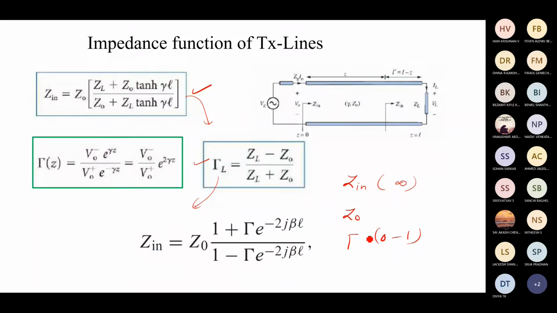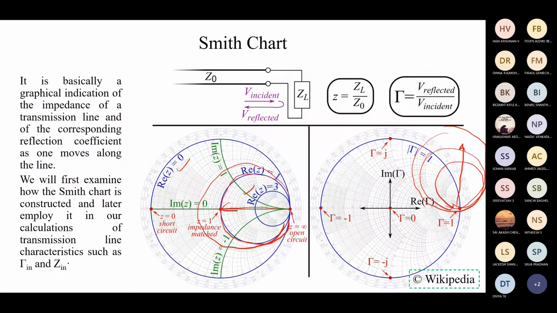Considering this interesting fact, Smith reduced the impedance problem into a reflection problem, and this reflection coefficient is written in terms of circles. These circles are mapped to represent all the real and imaginary parts of the reflection or the impedance.